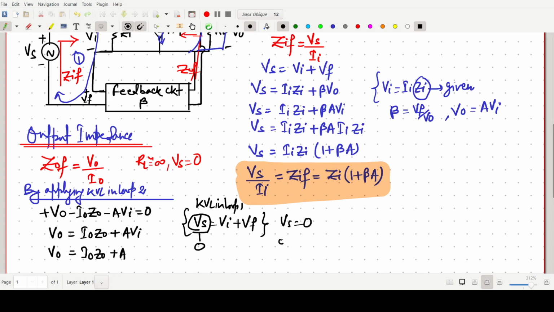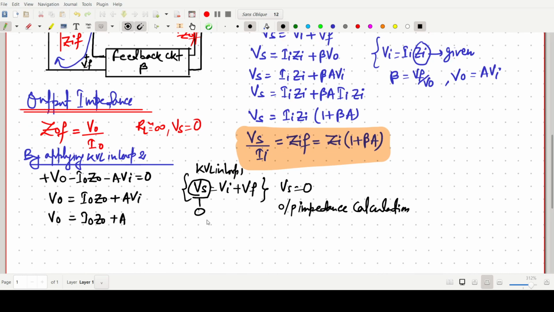Vs equals 0 for output impedance calculation. This one is the process. So one can write Vi equals simply minus Vf by putting this to 0. Vi equals minus Vf. So one can write minus Vf instead of Vi.